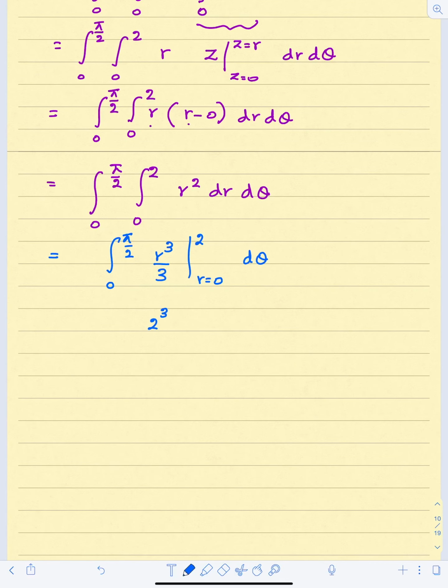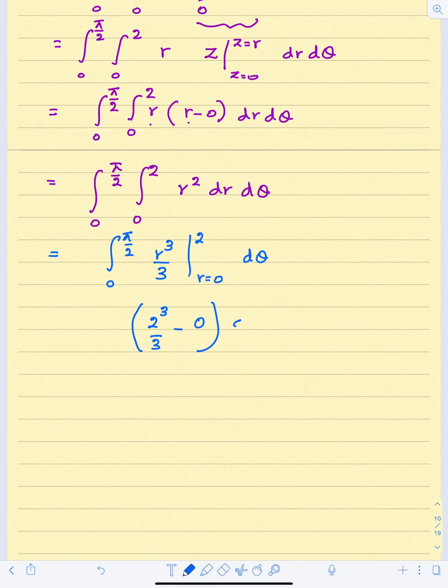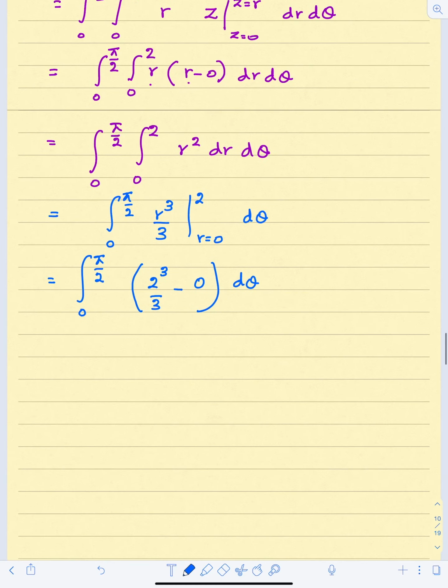So you have 2 cubed over 3 minus the lower limit, which will give you 0, because r equals 0, and 0 to the power 3 is 0. 2 to the power 3 is 8. 8 over 3 is a constant, and we can pull a constant out of the integral sign.